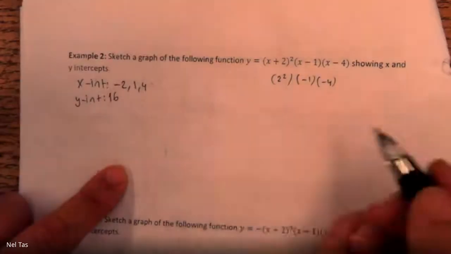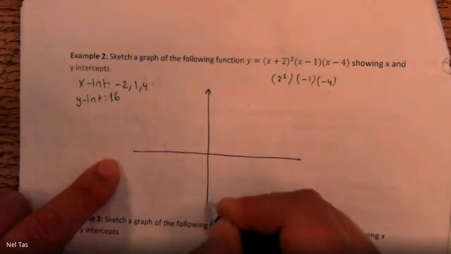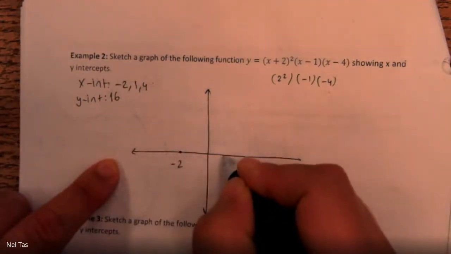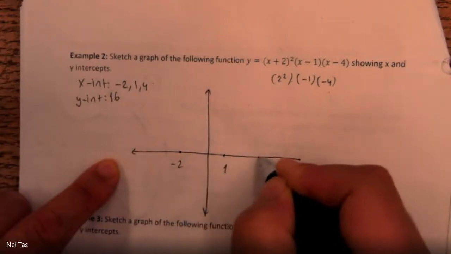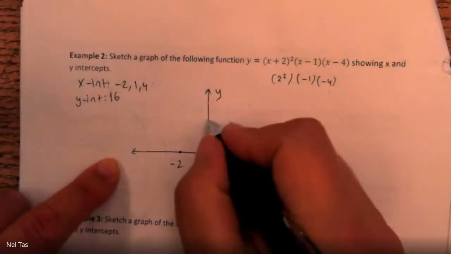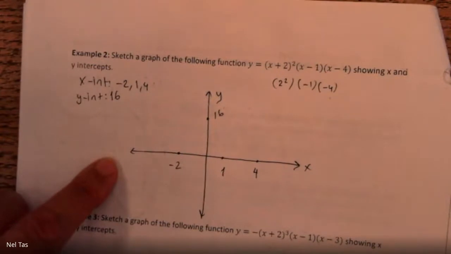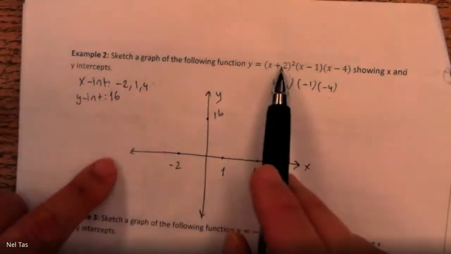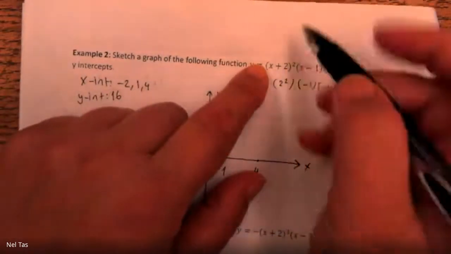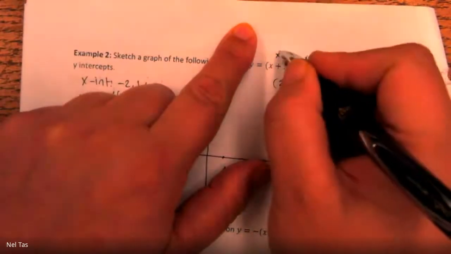Then we sketch. Put the x-intercepts, -2, 1, and 4. Put the y-intercept, 16. Then decide the degree and the leading coefficient. You are getting x squared from this bracket, x from this bracket, and x from this bracket.